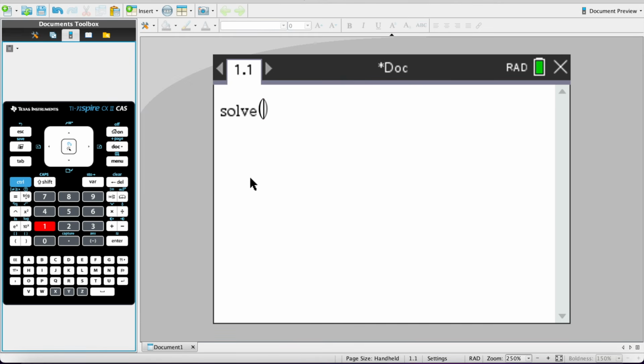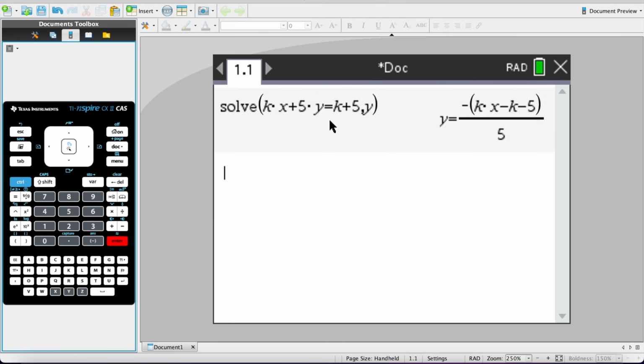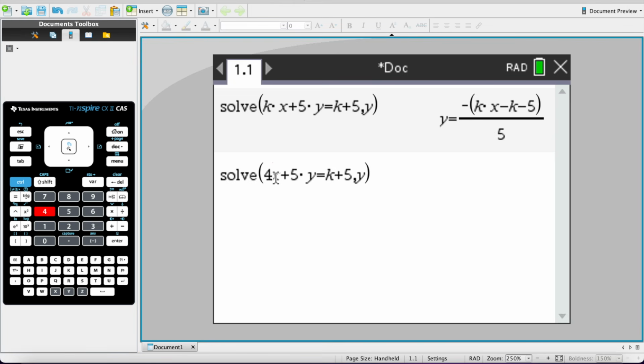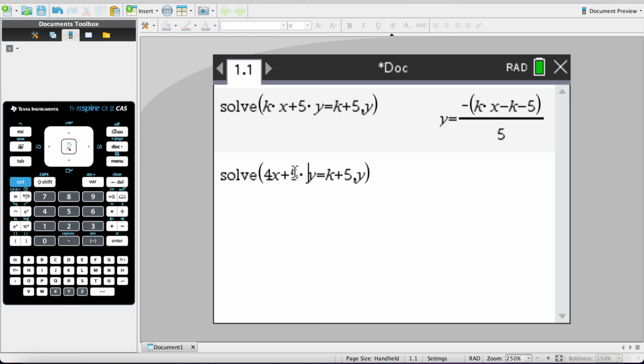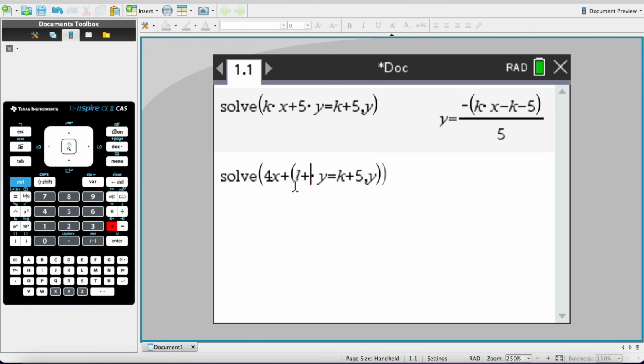The first equation, k times x plus 5y is equal to k plus 5, comma y. And the other one was 4x plus k plus 1 y is equal to 0, comma y.